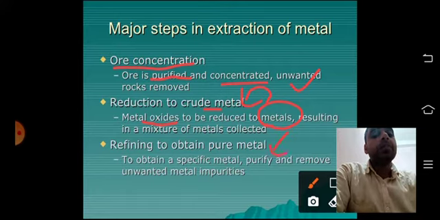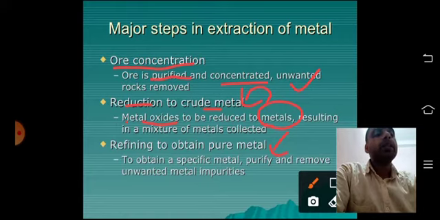But in this step, reduction to crude metal, reduction means you will use some reducing agent. If a metal oxide such as PbO or ZnO is there, then you can use carbon as a reducing agent.